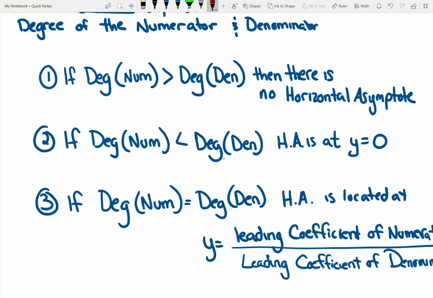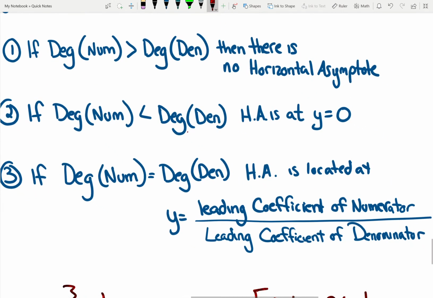Lastly, if the degree of your numerator is equal to the degree of your denominator, the horizontal asymptote is located at a ratio of the leading coefficients. So to find your horizontal asymptote, you'd have to take the leading coefficient of the numerator and divide it by the leading coefficient of the denominator. And this will make a little bit more sense once we look at our examples, okay?